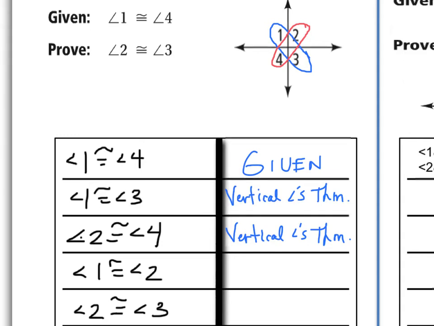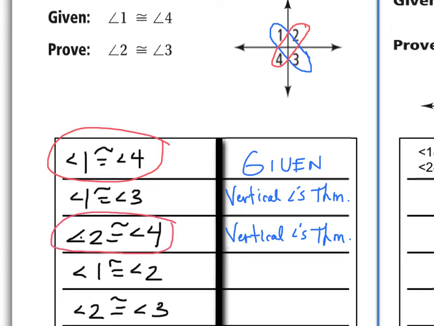Now that we've got the first 3 steps figured out, we want to look at the 4th step. Step 4 says that angle 1 and angle 2 are congruent. If you look at your previous statements, you'll notice we have angle 1 is congruent to angle 4 in one step before, and angle 2 is congruent to angle 4 in another step before.